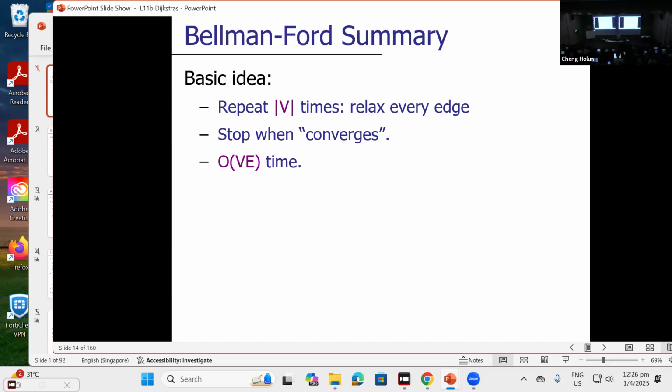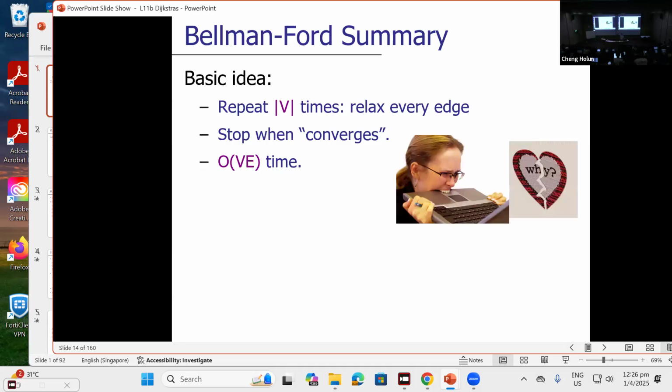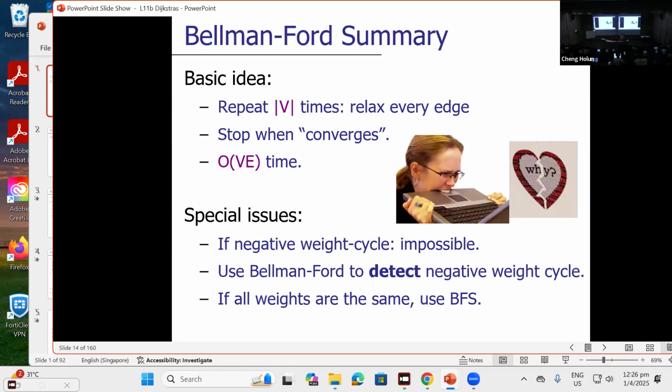So E can be V squared. Very bad, okay? And of course, finally, if a negative cycle is suspected, you can use Bellman-Ford to detect it. If Bellman-Ford can keep relaxing more than V times, that means there should be a negative cycle.